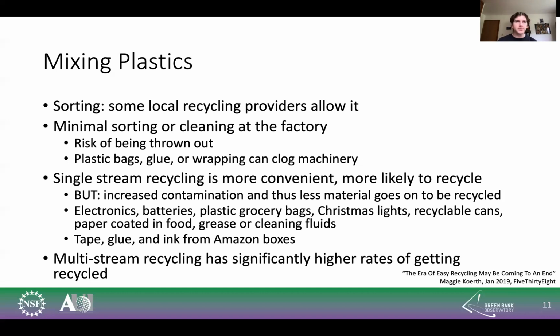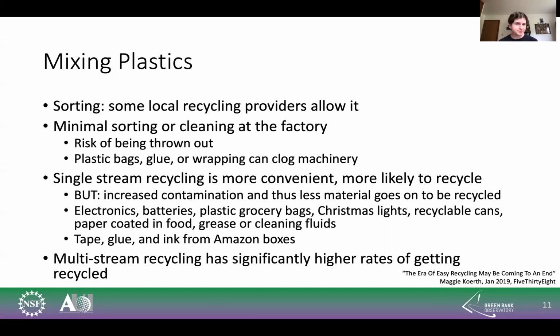Also, while single stream recycling is very convenient, and it actually has been found to increase people's interest and ability to recycle, as it requires less work on their end, it also requires less work on the end of recycling facilities, with fewer trucks to pick up materials. That means less gas spent on collecting and transporting that material. However, as I mentioned, there is an increased risk of contamination and thus fewer materials actually making it through the recycling process.